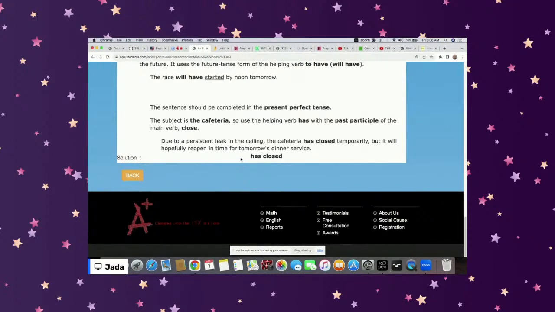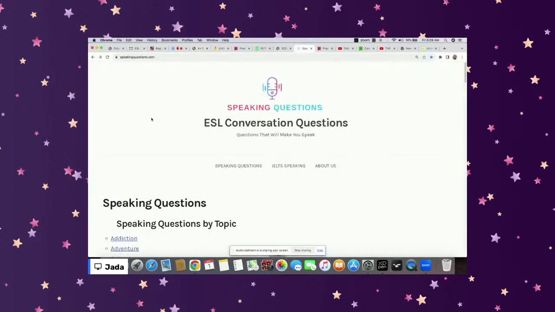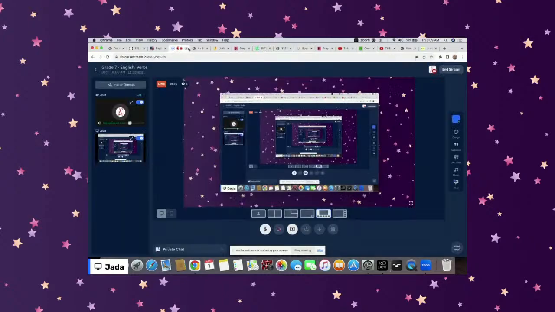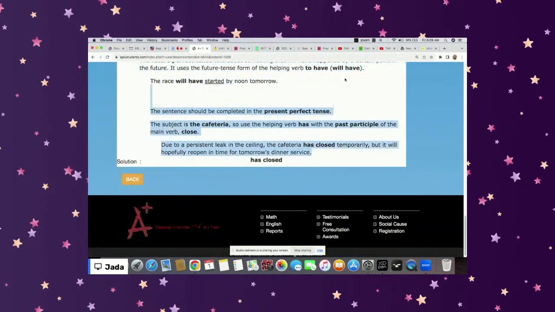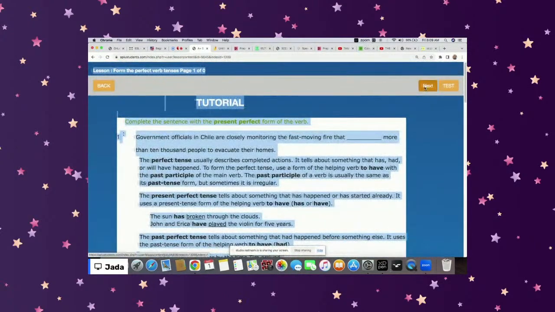Due to the persistent leak in the ceiling, the cafeteria has closed temporarily, but it will hopefully reopen in time for tomorrow's dinner service. So has is part of it. Remember that the present perfect could also have has or have. So let's look at more examples before we move to the test.